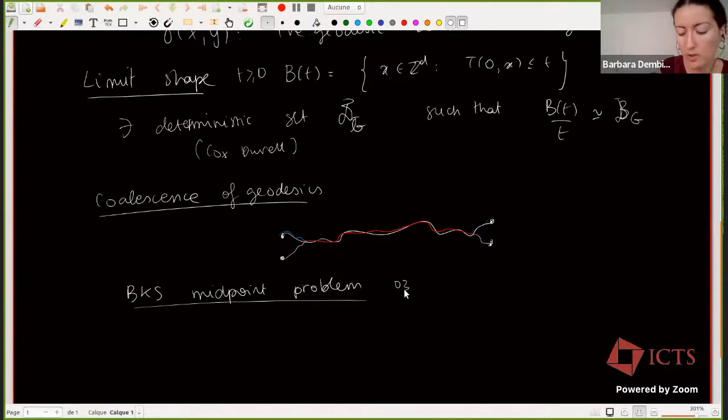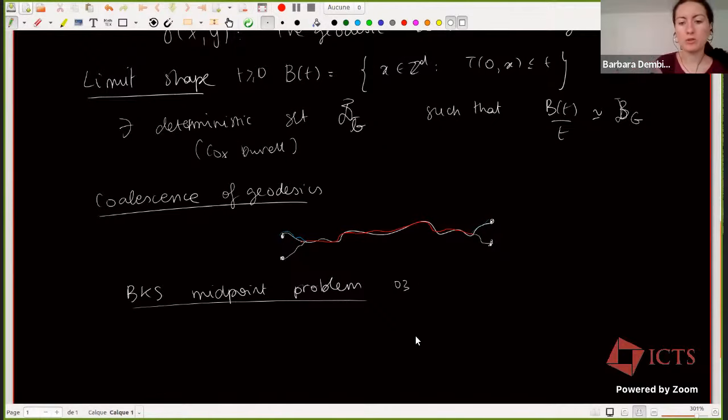In a paper in 2003, they were studying fluctuations, an upper bound on the variance of the time, in first passage percolation, and they needed to understand what's the influence of an edge. The influence of an edge is roughly whether this edge is important or not for the overall time. And the fact that it is important is roughly equivalent to the probability that the geodesic goes through that edge.